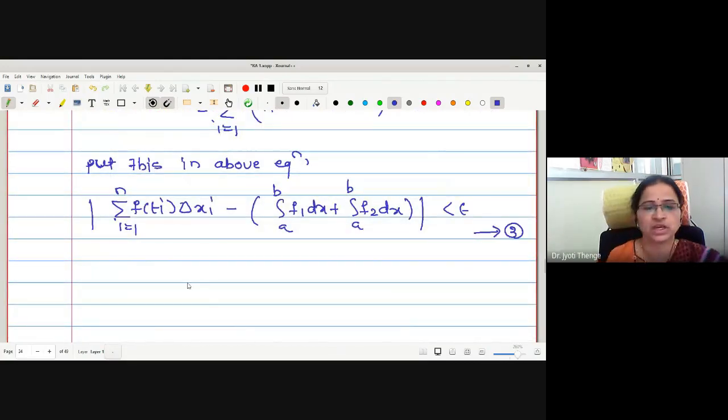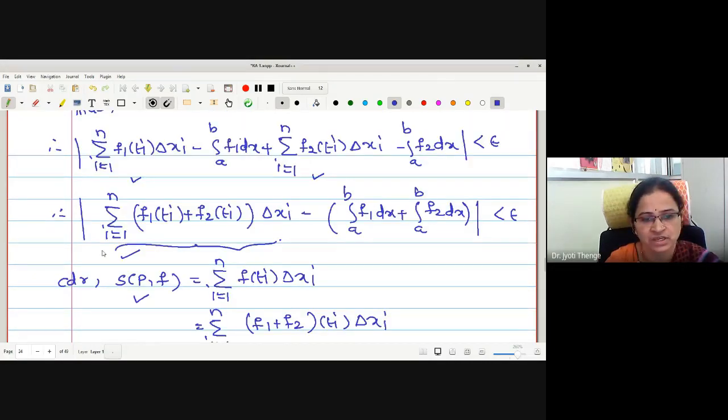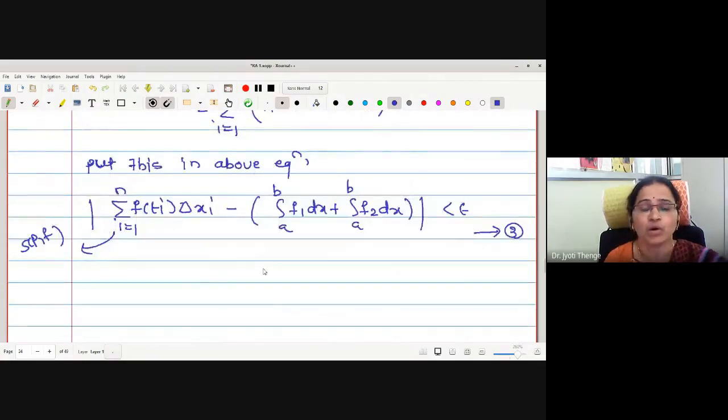So what we have obtained as equation number 3, this is SPF actually. No? This value is SPF, which is summation f of ti delta xi. Here I have written already. But already we know that the function f is integrable. Therefore, let me write the definition of f integrable by the second definition of integrability.